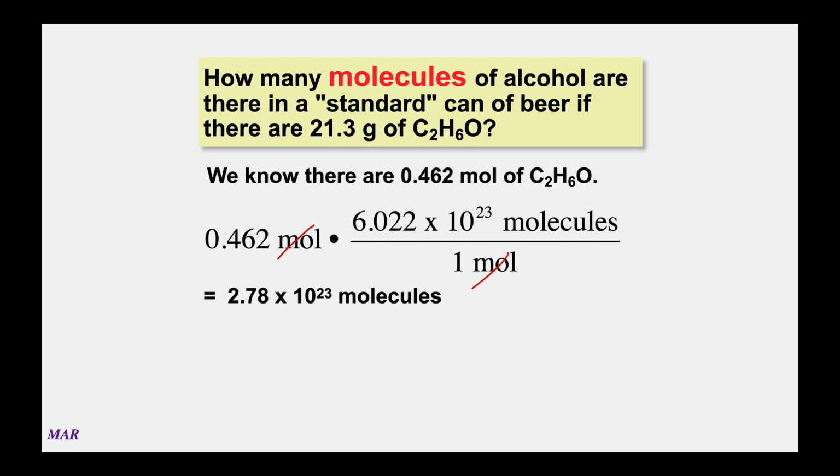Now your 21.3 grams of ethanol is pretty small, but that represents more than 10 to the 23rd molecules of ethanol. Remember that 10 to the 9th is a billion, so 10 to the 18th would be a billion billion molecules, and this is far more than a billion molecules of ethanol in your standard can of beer.